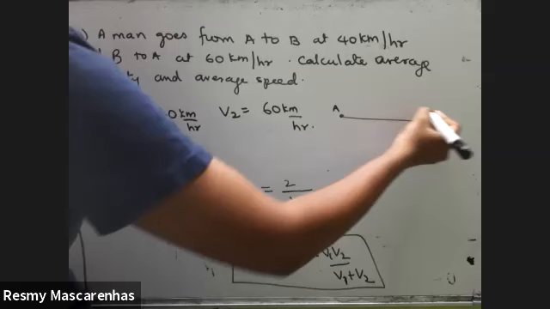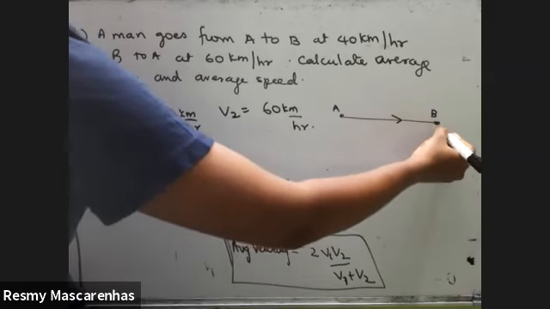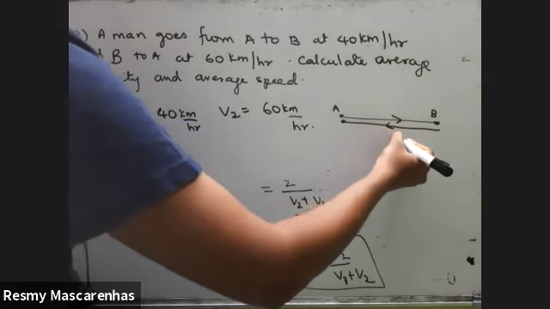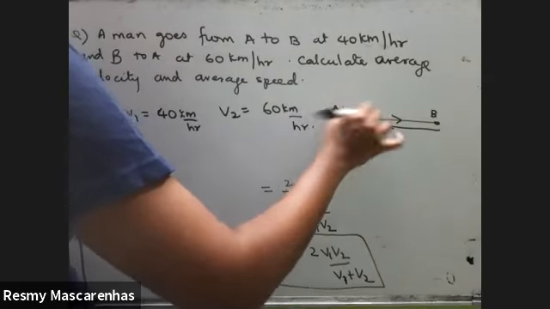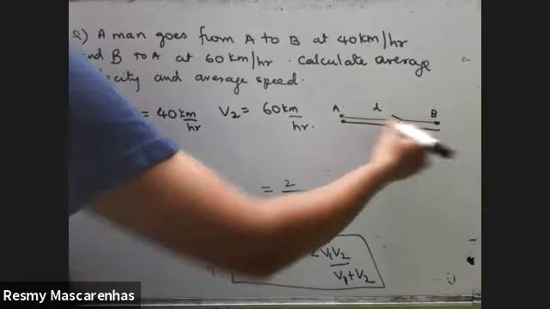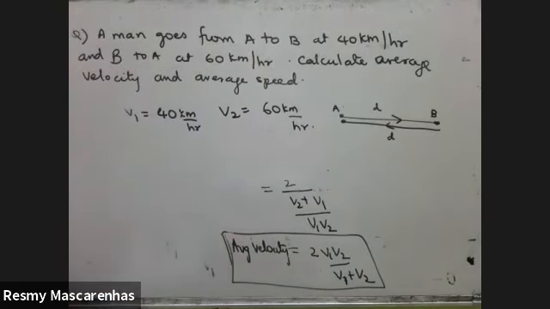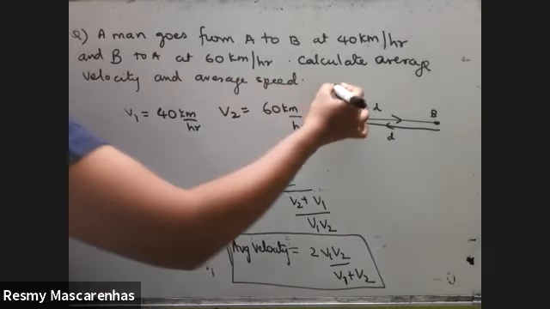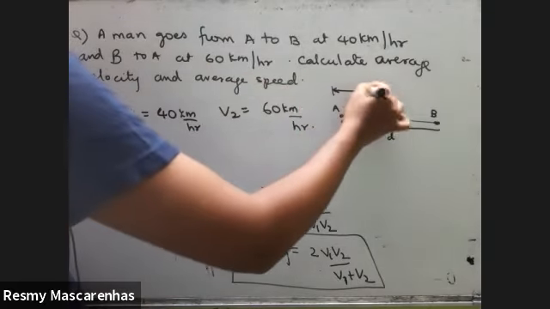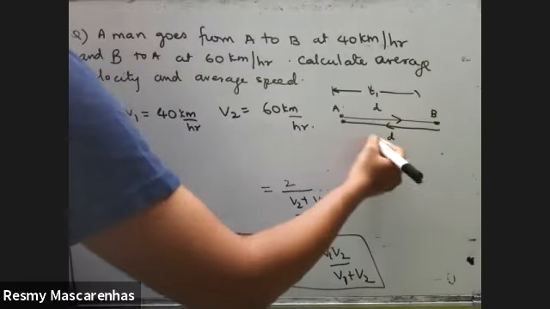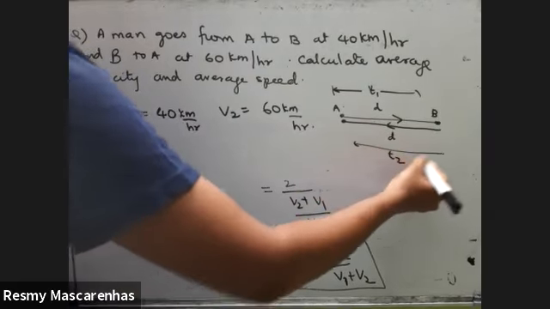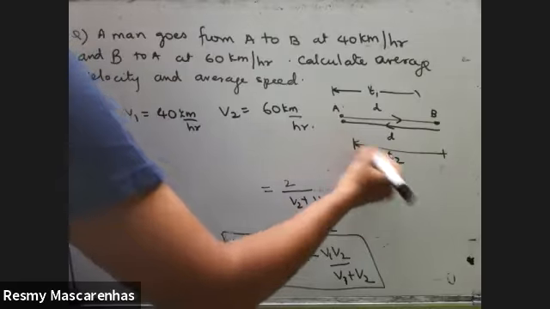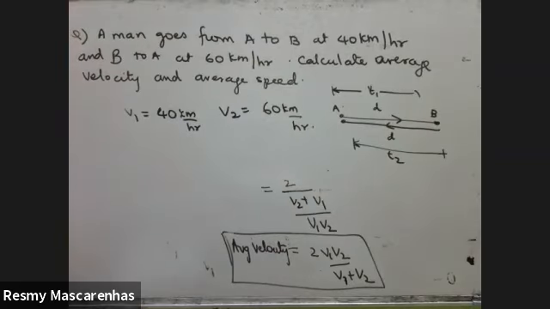Same as previous, going from A to B and then B to A. So that is the distance D only. This is also the same distance, it is coming back. So assume this is for time T1, and this is for time T2. From here to here it is taking time T2.